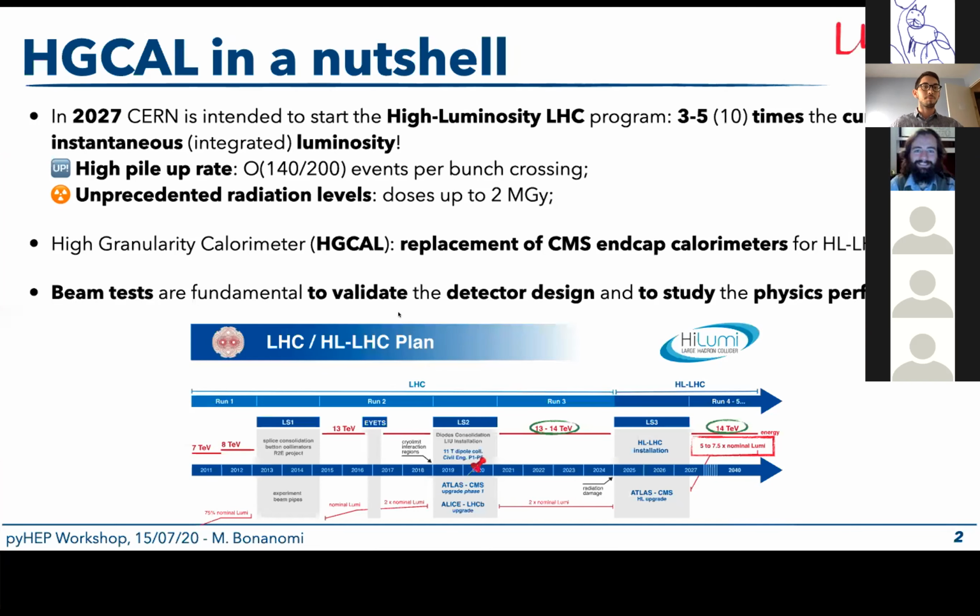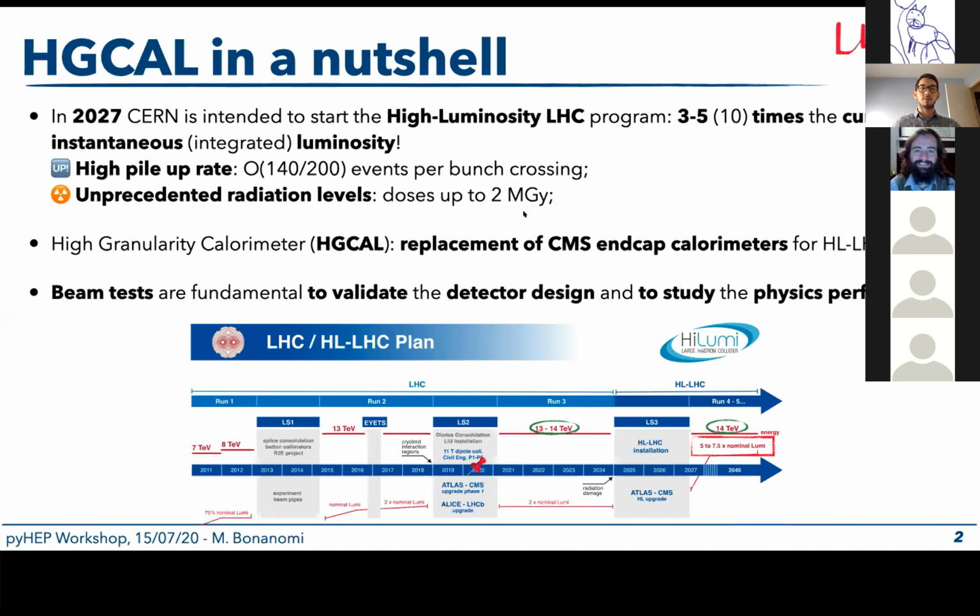In 2027, CERN intends to start the high luminosity LHC program. This brings the luminosity from the current value up to 3 to 5 times, which means that the environment becomes extremely more harsh in terms of both pileup rate, which will go up to 140 to 200 events per bunch crossing, as well as the radiation levels, which go up to 2 megagrays.